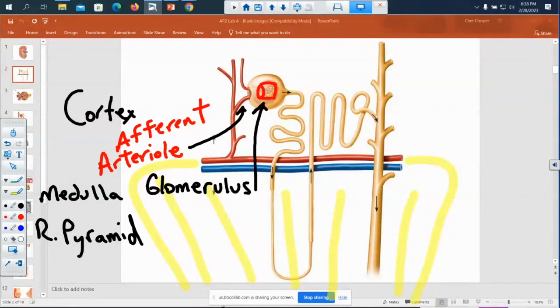Remember zona glomerulosa? That's why they named it that, from the adrenal cortex, because it regulates the kidney, and one of the most important structures in the kidney is the glomerulus. The glomerulus is a network of what? Very good, capillaries. And I'm going to write the word nephron over here.